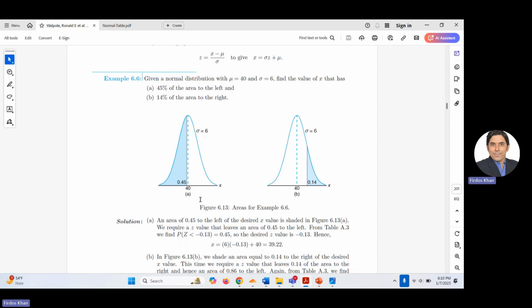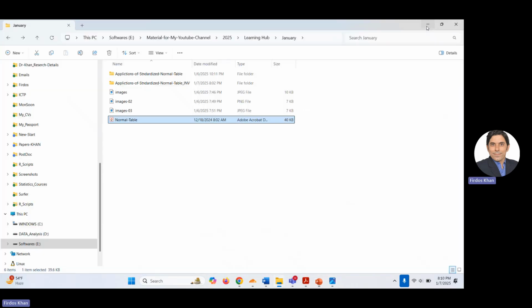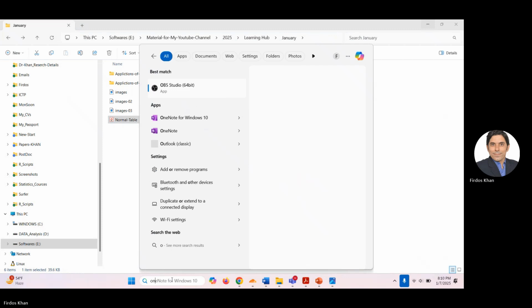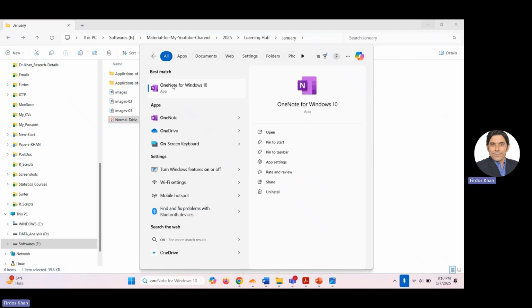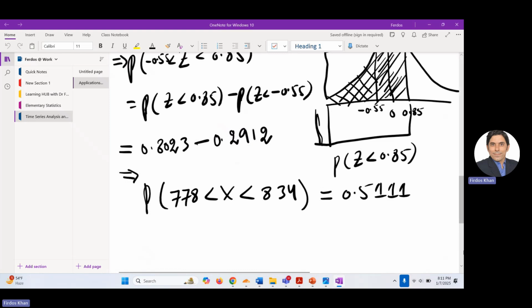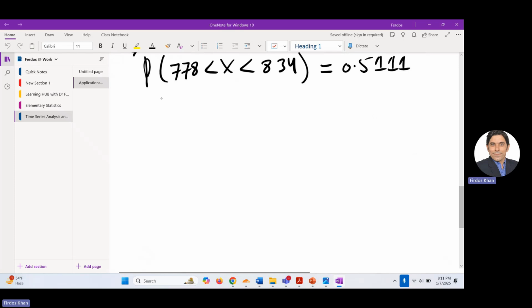You can draw this diagram. That's very simple. We will need to open OneNote for this case. If you want to do this manually, we can do this.